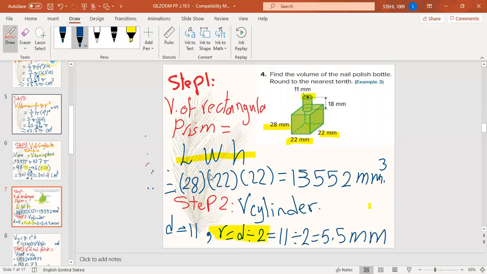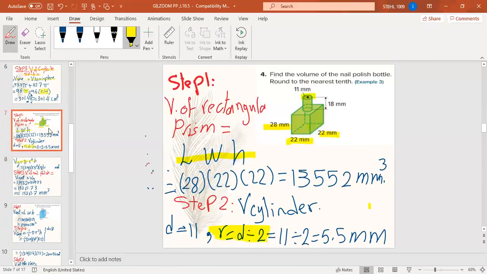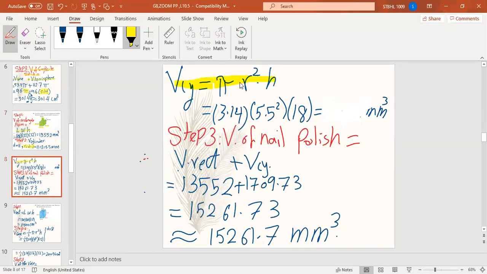And now we will go to find the volume of cylinder. The formula of volume of cylinder is pi r squared times h, which is height. And here, because the composite figure includes a rectangular prism, which doesn't include pi, we don't need to keep the pi in the volume of cylinder.